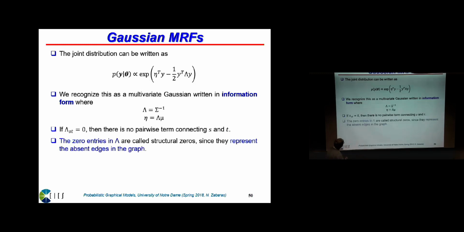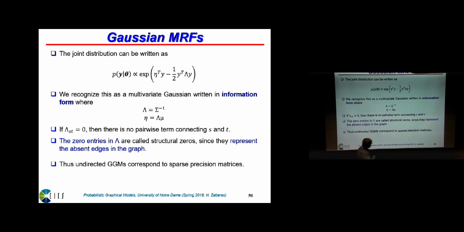And so these undirected graphical models are written in terms of precision matrices, and in particular these precision matrices are sparse, so we have sparse precision matrices versus sparse covariance matrices.